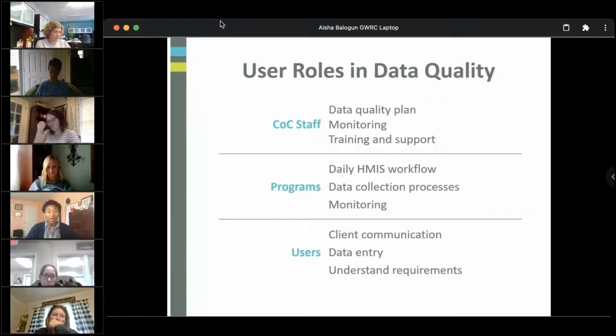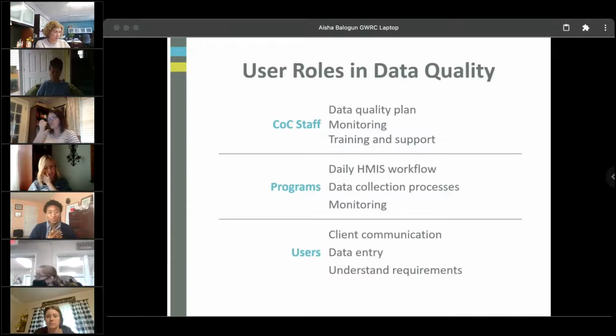We're also monitoring HMIS usage, and I know Sam has been in contact with people in cases where the data in HMIS doesn't match up with what's really happening within programs. So that's one way we support data quality as well. And lastly, training and support. We are here to help you as much as possible.